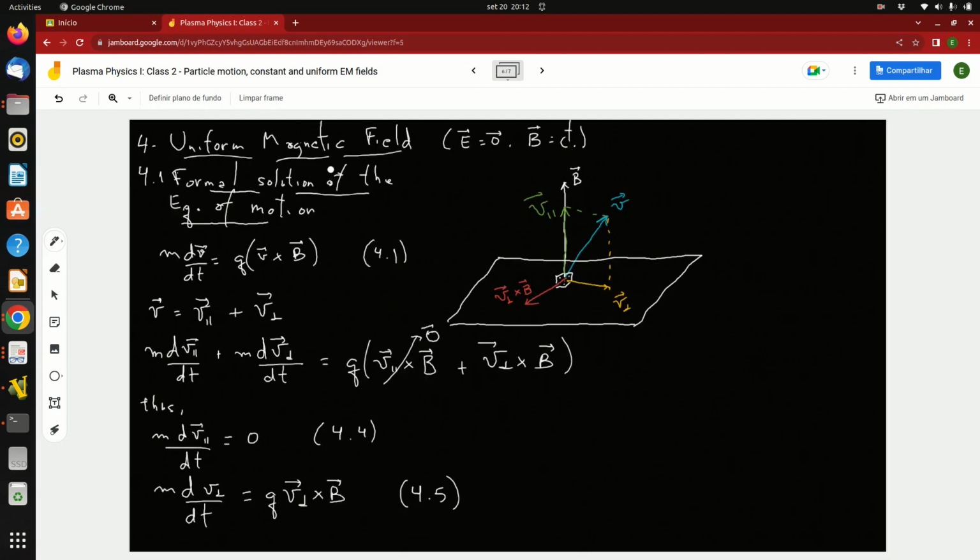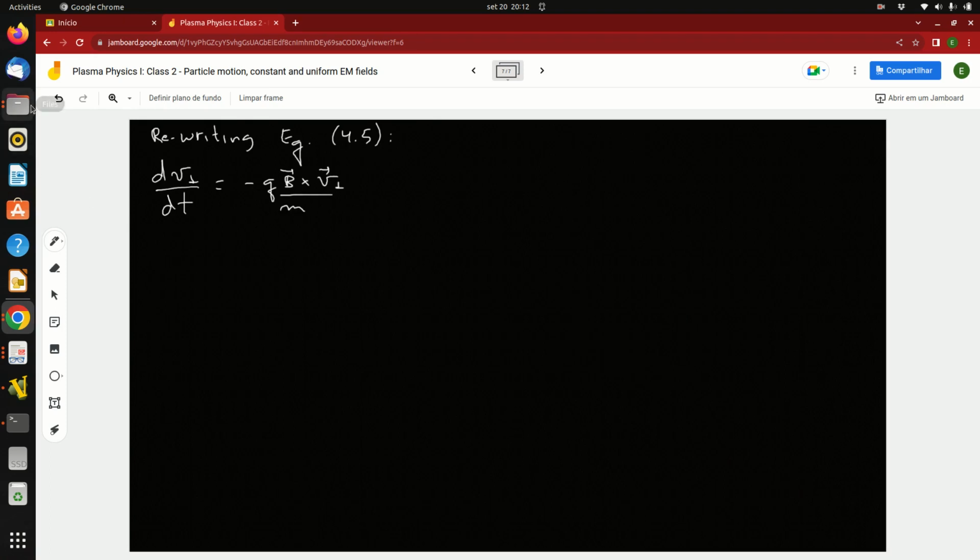So, rewriting equation 4.5, let's write it like dv dt equals, well, we have it like this, B cross v perp. This is just like there. I haven't changed anything, just divided by m.